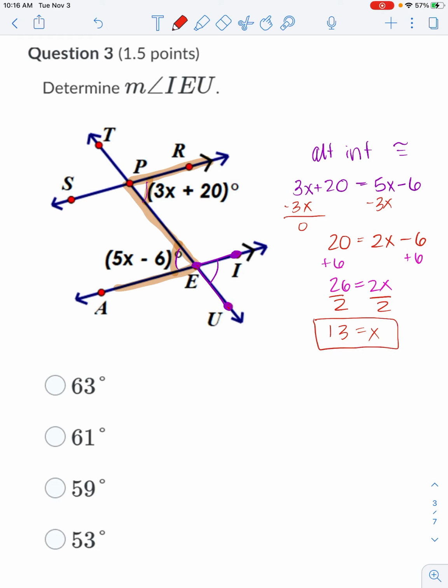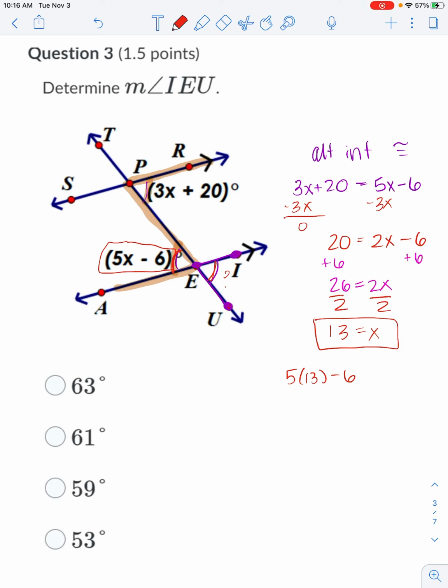Notice IEU is a vertical angle with this angle over here, which means those two are congruent. So I could take 13 and plug it into this expression, and it'll tell me the missing angle that we need. So I'm going to plug that in. We get 5 times 13 minus 6.